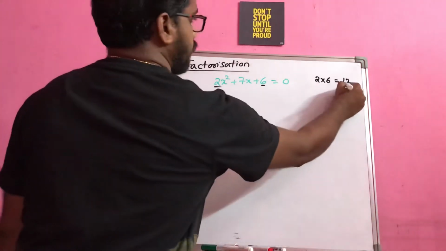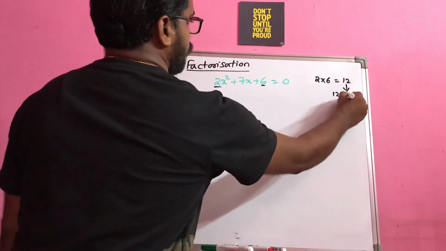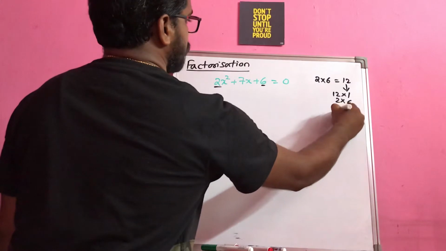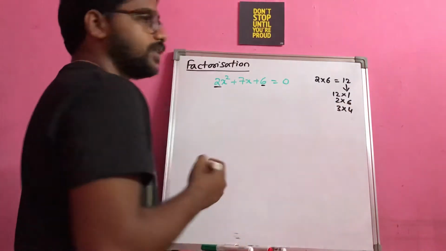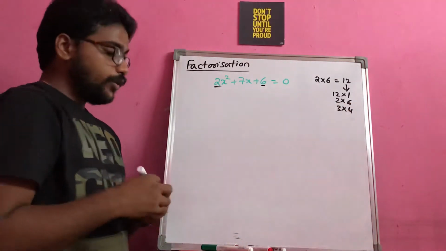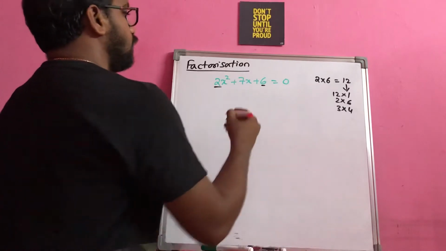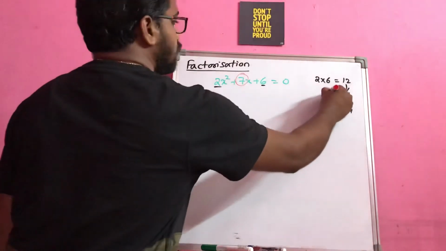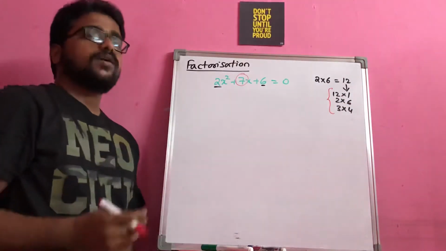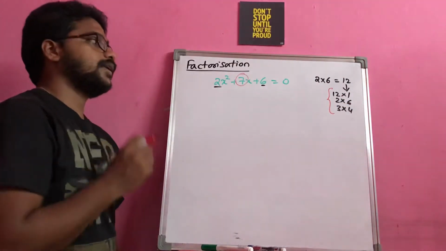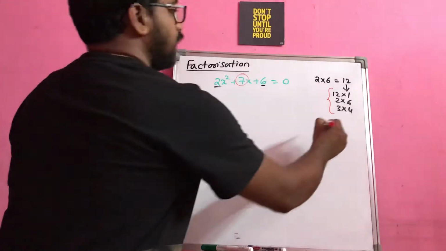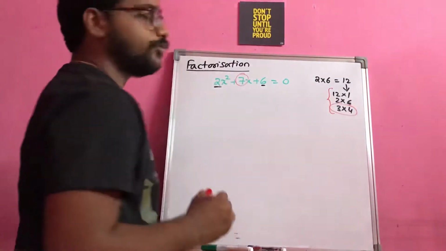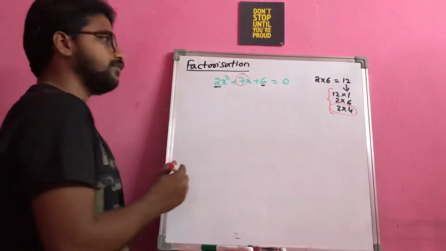Then factorize 12 as 12 into 1, 2 into 6, 3 into 4. These are the possibilities. Now look at the middle term in the given equation, and among these factors, see which one gives 7. It is very clear that it is 3 into 4, since 3 plus 4 gives you 7.